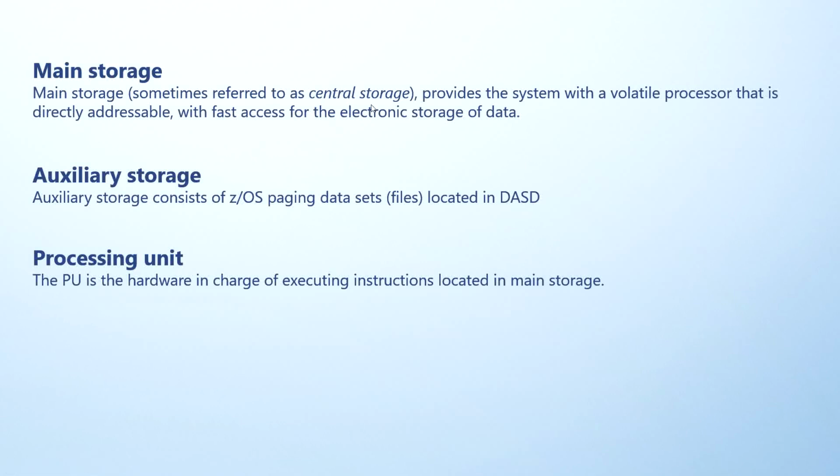Compared to main storage, auxiliary storage is a bit slow, and it mainly consists of the paging data sets which are required for handling the virtual storage concept. And the processing unit, as we discussed, is the hardware in charge of executing the instructions located in the main storage.